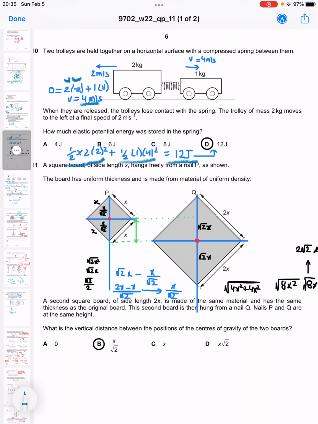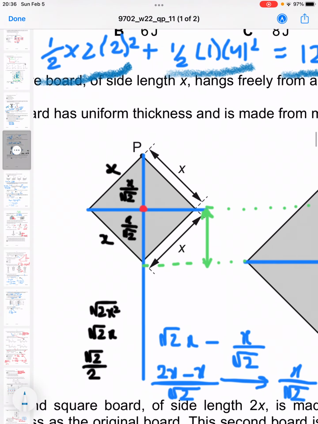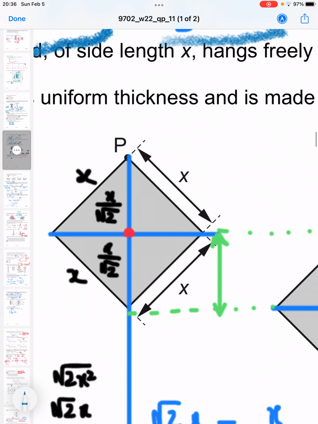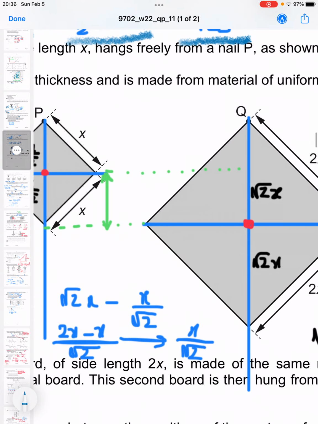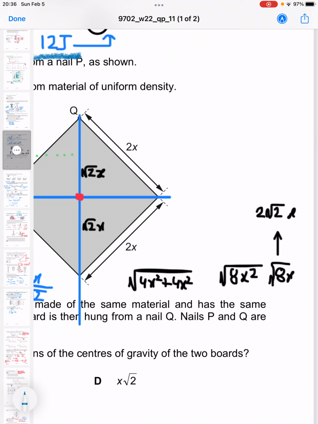What you have to do is first realize that this is a square, so we can apply Pythagoras theorem and find this diagonal's length, which becomes 2x over under root 2. So the half of the diagonal would be x over under root 2. So over here, same thing applies. 2x whole square plus 2x whole square, square root would make up square root 8x.